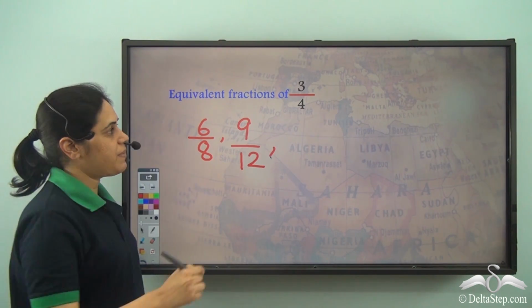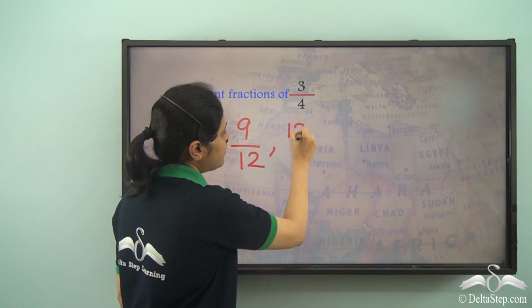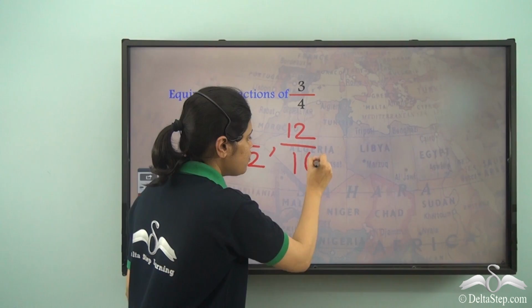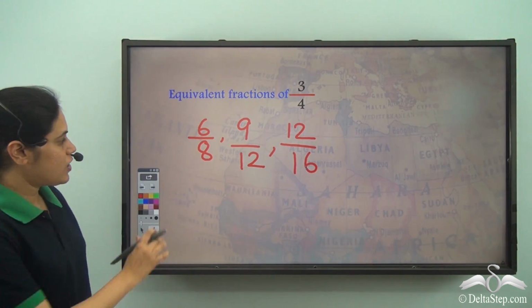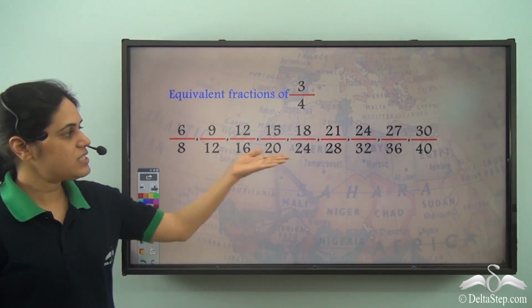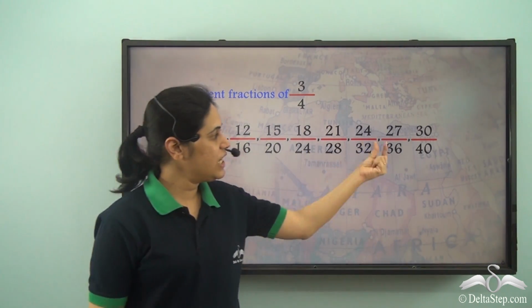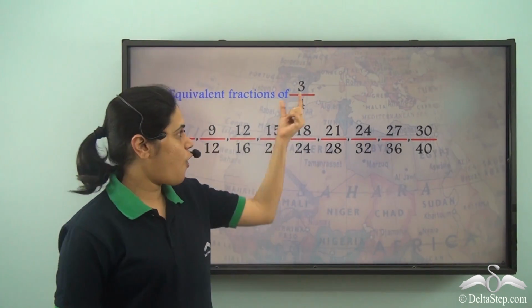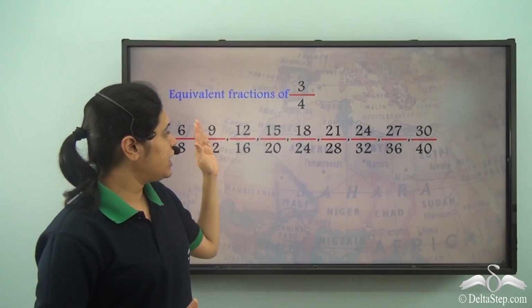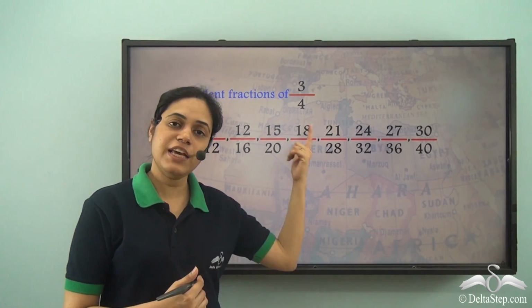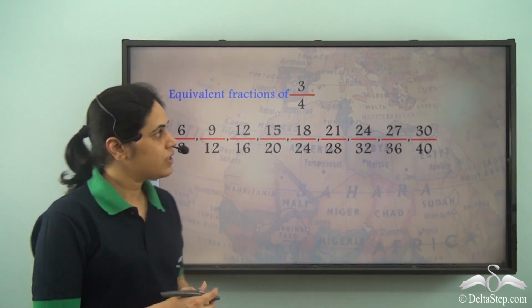If I multiply by 4, 3 into 4 gives me 12 and 4 into 4 gives me 16. So I can continue in this manner to get all these. Now these are all equivalent fractions of 3 by 4. So each of these fractions is equal to 3 by 4.